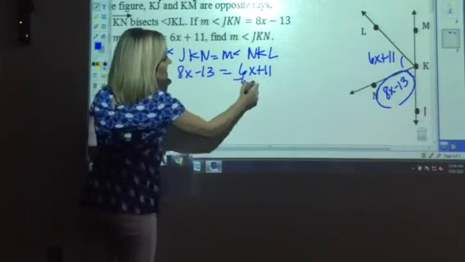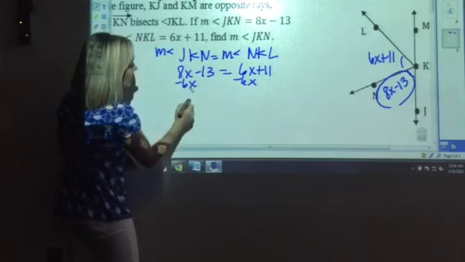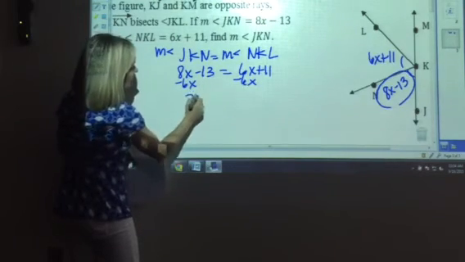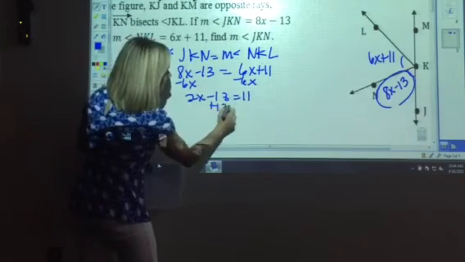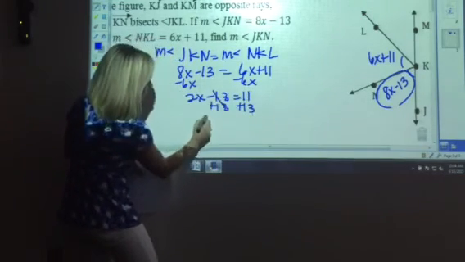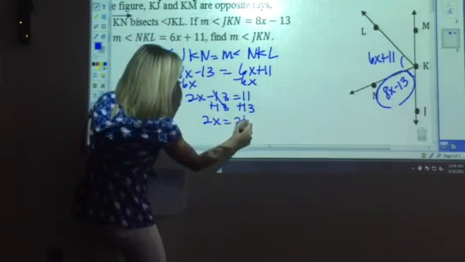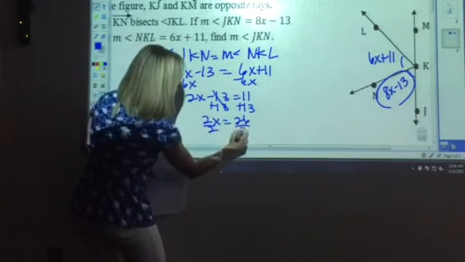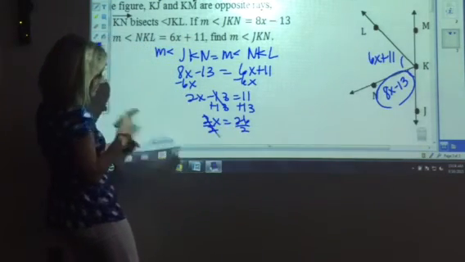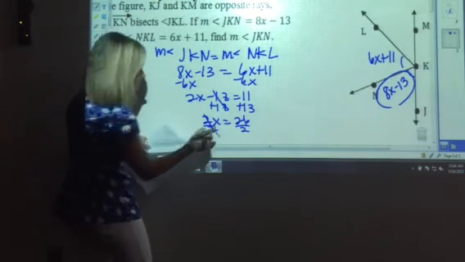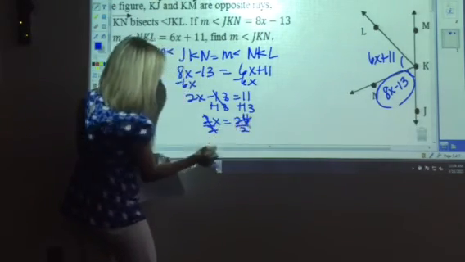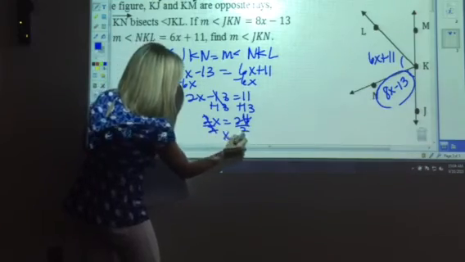So when I subtract 6x, I get 2x minus 13 equals 11, plus 13 plus 13, I get 2x is equal to 26, and divide by 2, and I get 13. Make sure I'm right here. No. 11 plus 13 is 24, and 24 divided by 2 is 12.